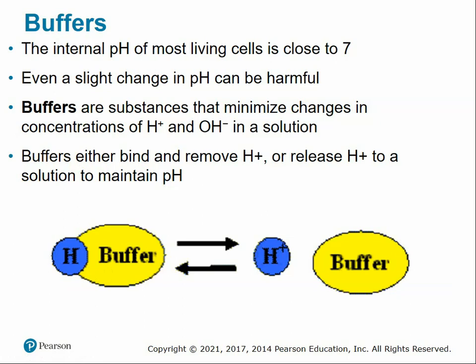Vice versa, if our blood is becoming too basic, we're losing hydrogens, so now it's getting up to about 8 on the pH scale. Then we have buffers that can release some hydrogens to make our blood a bit more acidic and bring it back down to that natural 7.3 level. So buffers are going to just maintain pH and prevent any large-scale changes.